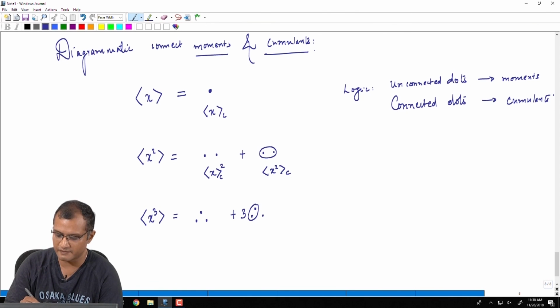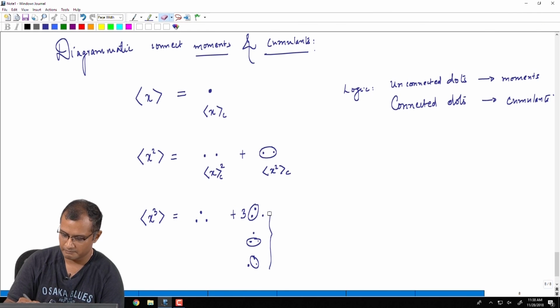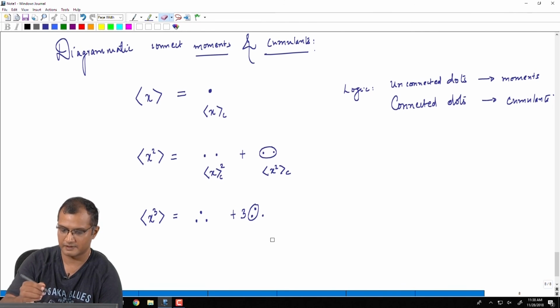I can leave this dot and connect these 2, or leave another dot and connect the other 2. So, there are 3 ways, and this 3 is written precisely to account for the other 2 ways.